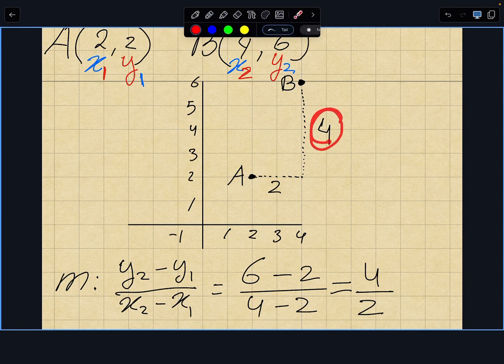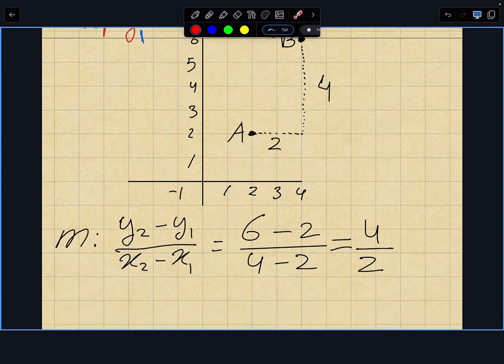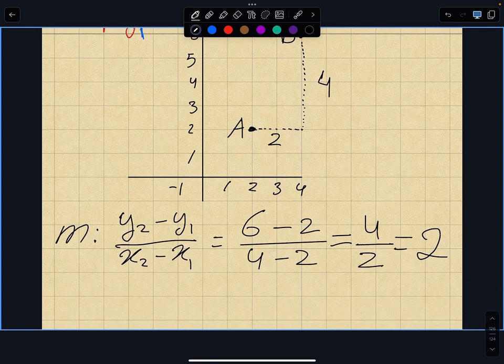They can sometimes give it to you in a graph. Most of the time, they will just give you the coordinates. 4 divided by 2. The gradient of the line that passes through A and B is 2.